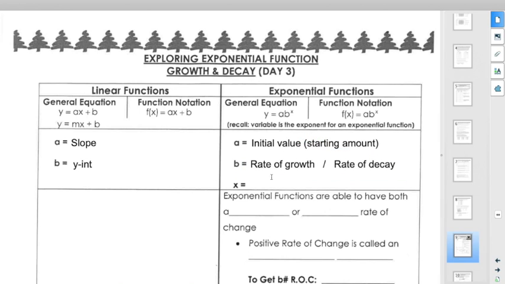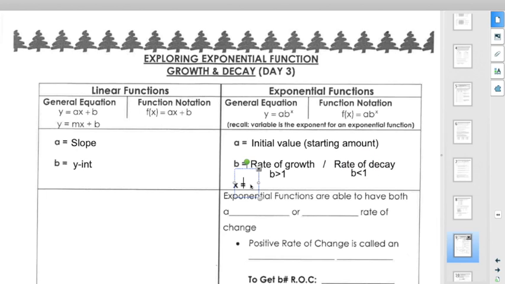Growth and decay. Recall when we do rate of growth, it's when b is greater than 1, which we'll see examples of, and decay is when b is less than 1. Get those notes down.